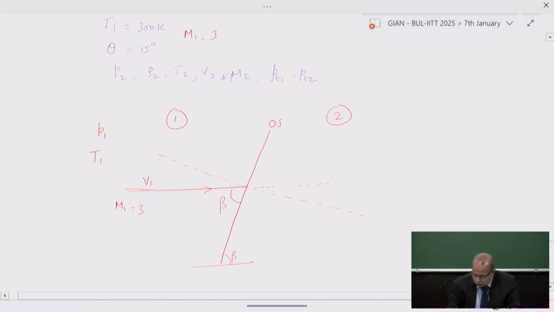The flow after passing through the oblique shock will turn by an angle theta, which is equal to 15 degrees. We are asked to find P2, T2, rho 2, V2, M2, PT1, PT2. So how do we proceed with this problem?